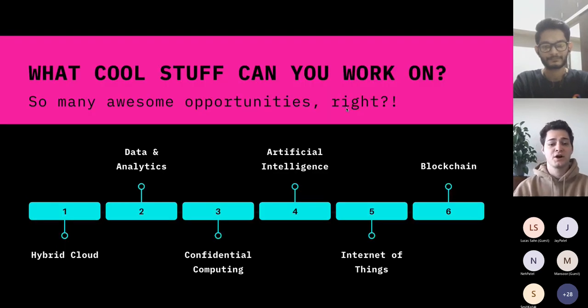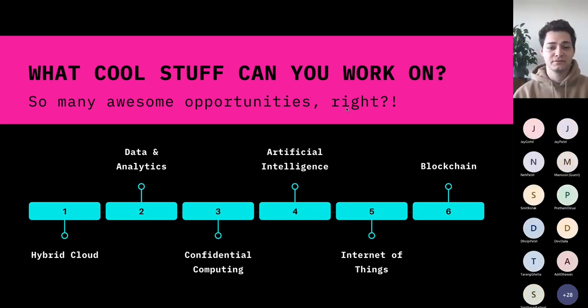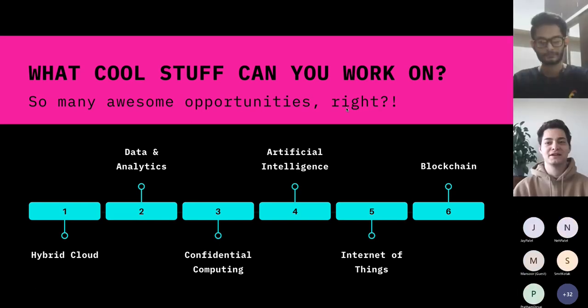So just to touch upon what kind of cool stuff you can do with IBM Z, because you might think IBM Z, enterprise computing, mainframes, it's all COBOL, it's all boring transactional data, and it's not that hot stuff of hybrid cloud data and analytics, blockchain, IoT, AI. But this stuff actually all operates on IBM Z machines as well and works in tandem with them.